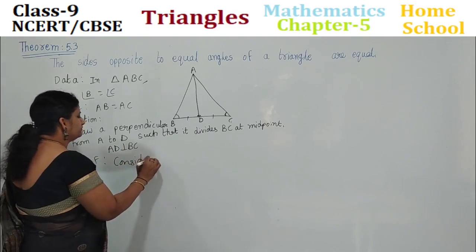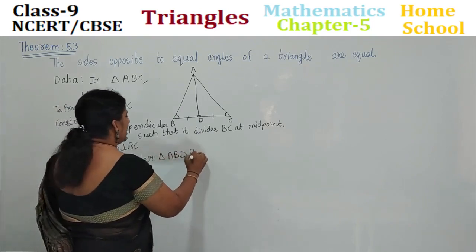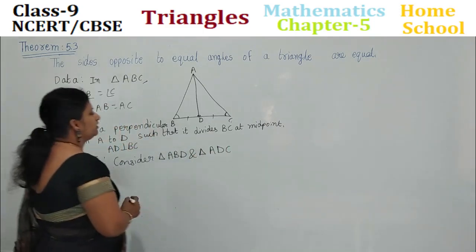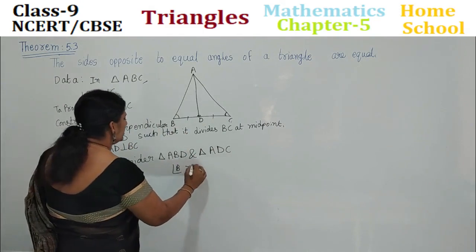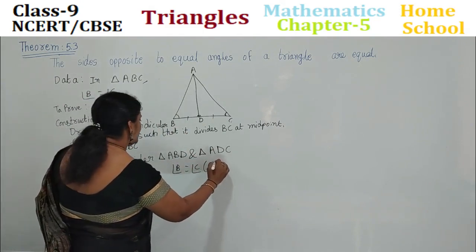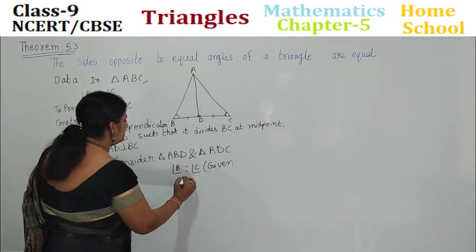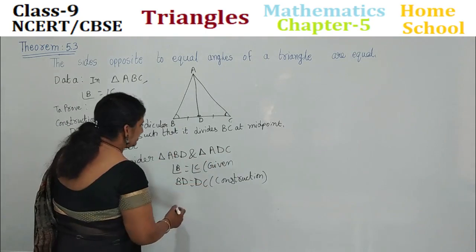Consider triangle ABD and triangle ADC. So, compare these two triangles, children. Angle B equal to angle C. How? It is given. Then I say that BD equal to DC. How? By construction.